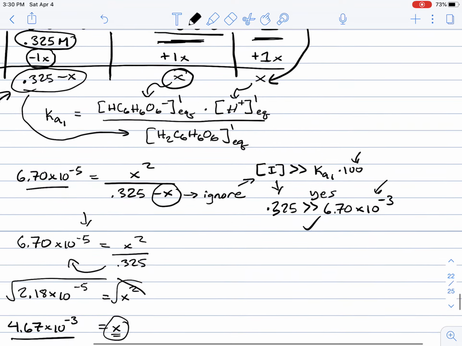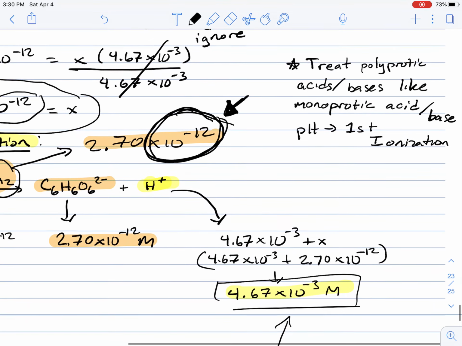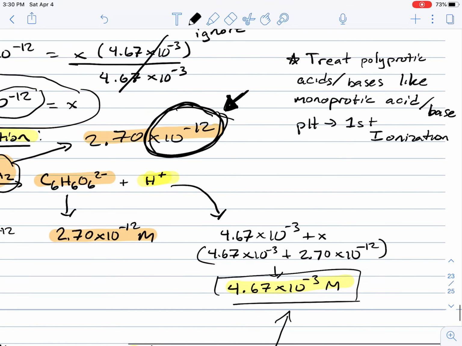And so for your problems, you can go ahead and calculate the pH for a polyprotic acid or polyprotic base after the first ionization, just because the concentration does not change between the first and the second ionization.